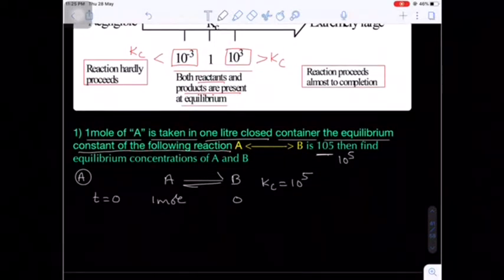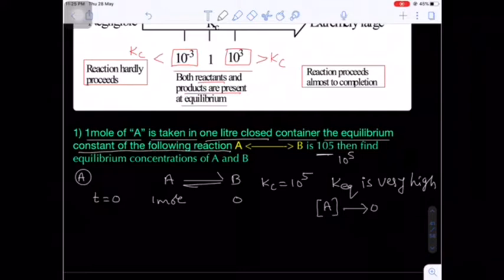The information regarding the Kc, which is 10 to the power 5, means the equilibrium constant is very high. That means the concentration of reactants, which is capital A, is almost tending to 0.